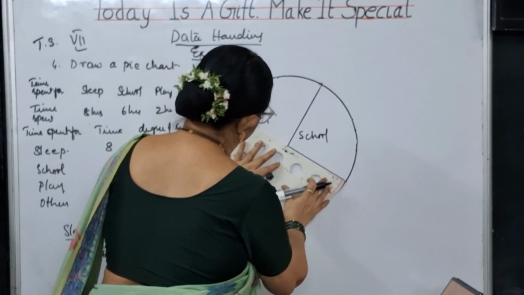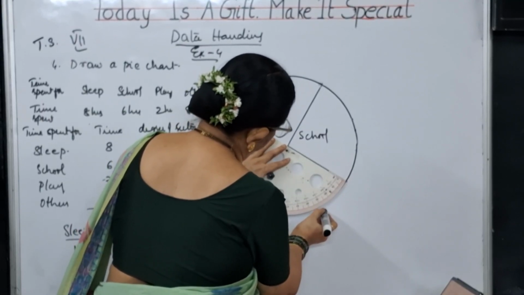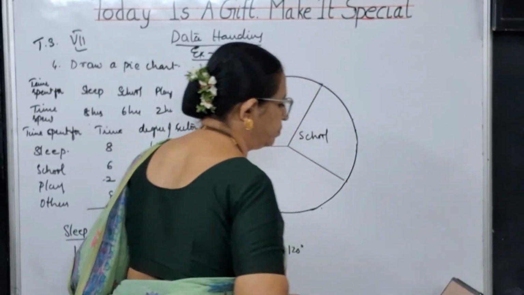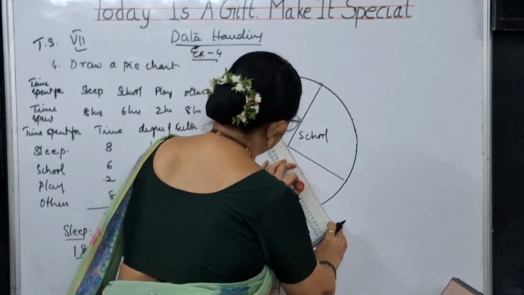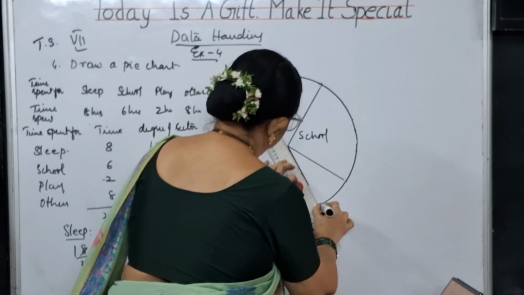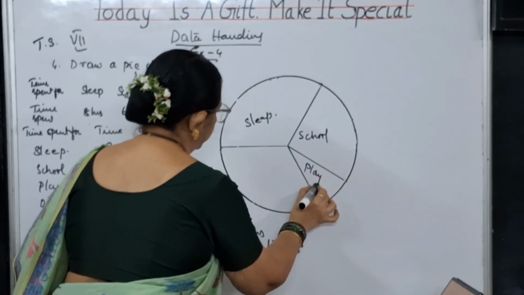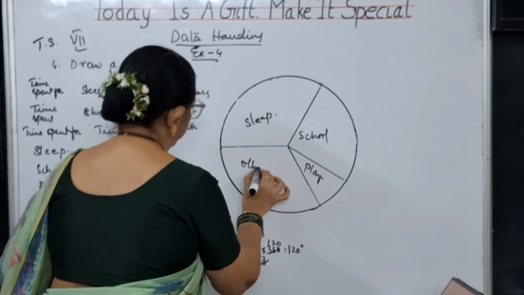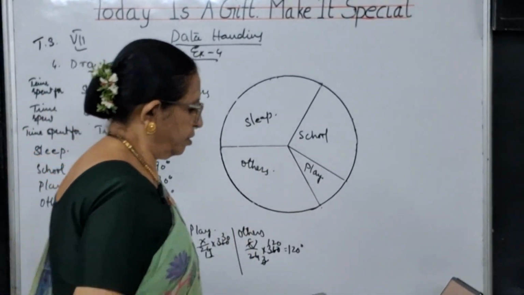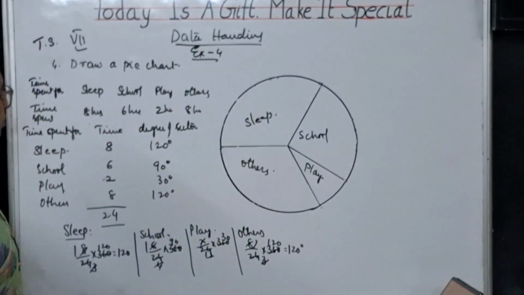So from here, you have to take 30 degrees. This is 30 degrees. This is the angle for play. And the remaining is for others. So this is the pie chart for this problem, children. Please note it down.